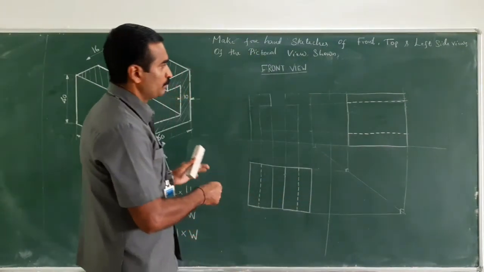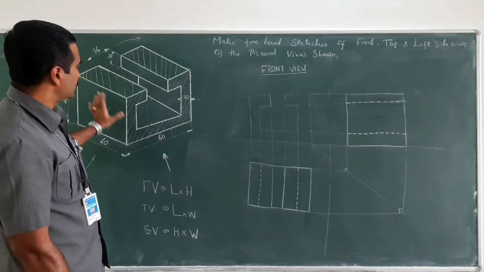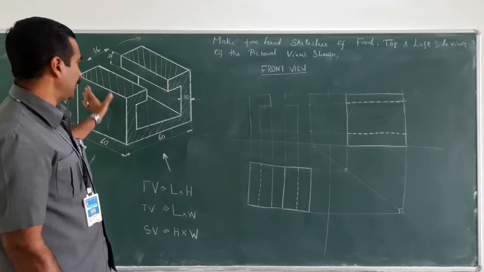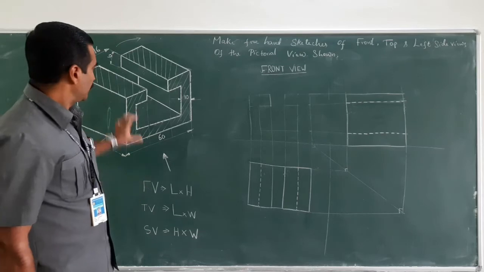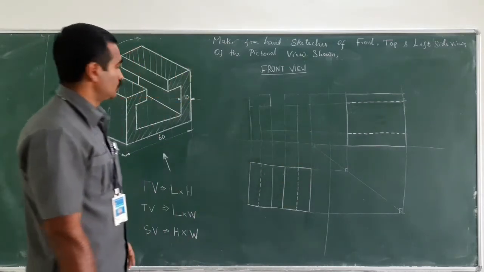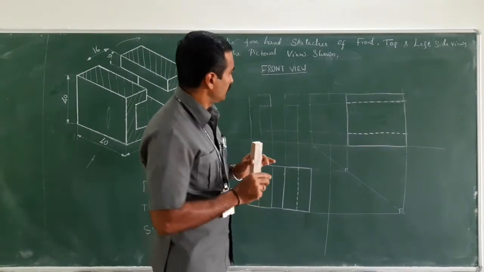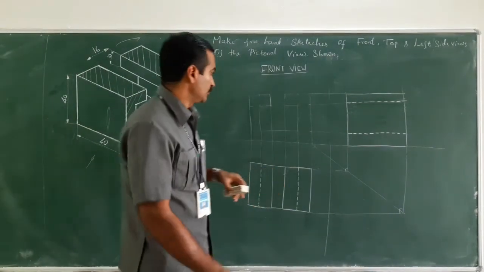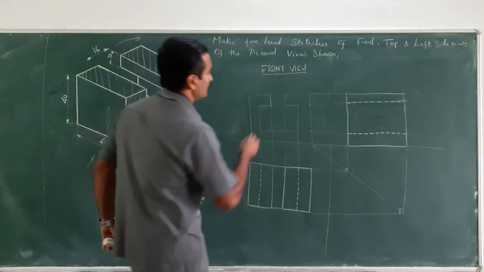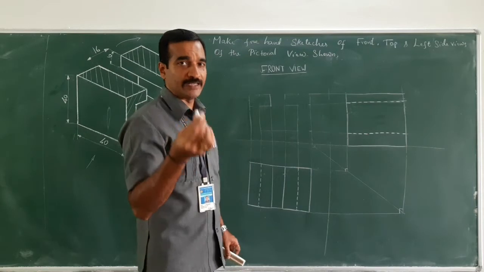Fine. Now, since I have completed all the visible lines, that means object line or outline or edges, and captured all the invisible also, right? Now, I am going to draw the object line, right? So now you change the pencil from 2H to H or HB.